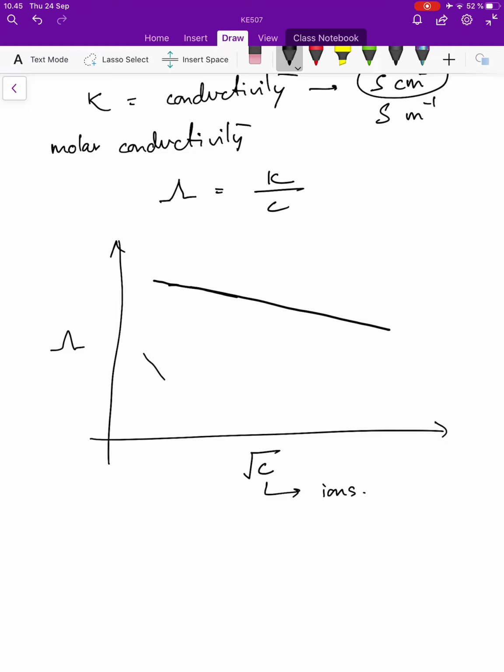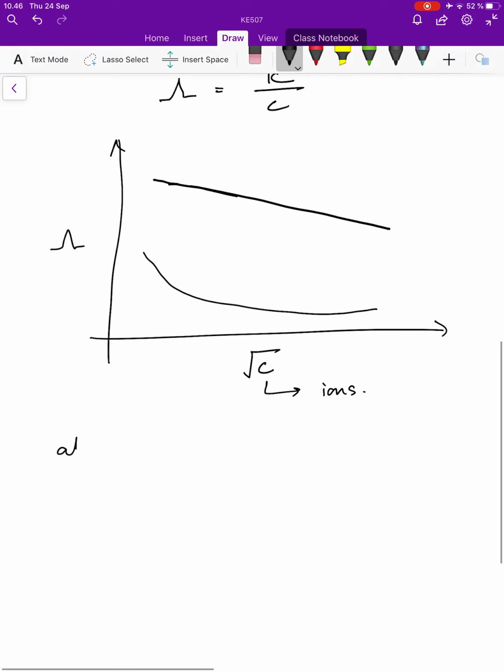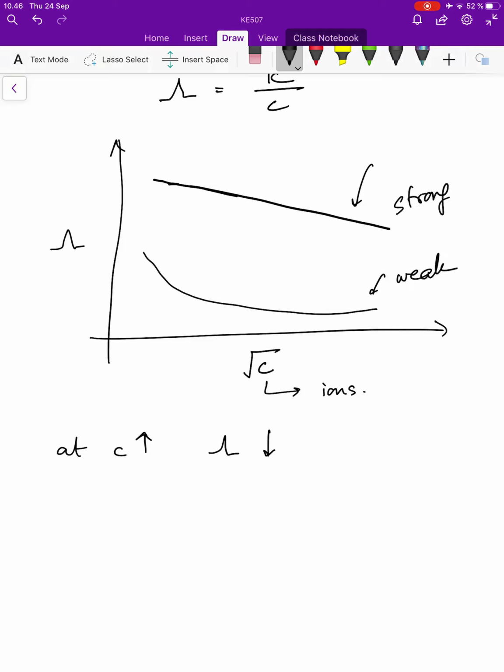The same is true for weak electrolytes, but the relationship is a bit different. So as concentration increases, the molar conductivity decreases, and this is mainly due to interference effects in the case of strong electrolytes.